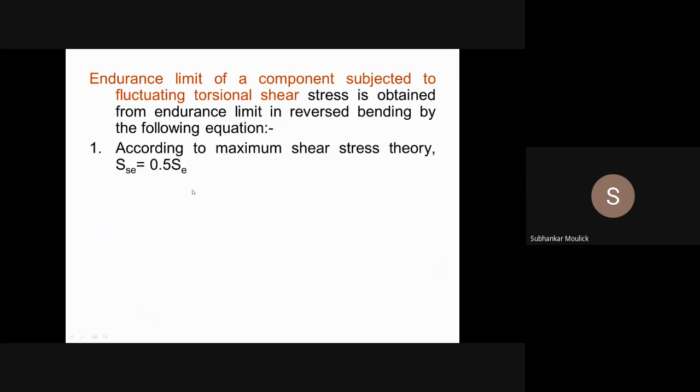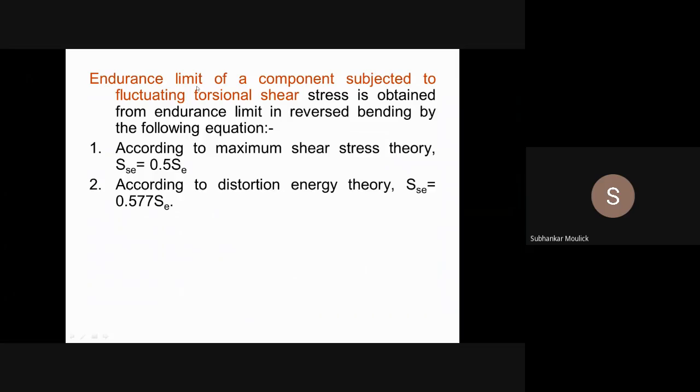Now, there may be two situations in the problem. The first situation is when you are designing a component for fatigue subjected to the maximum shear stress theory of failure. Then what is the value of endurance limit?